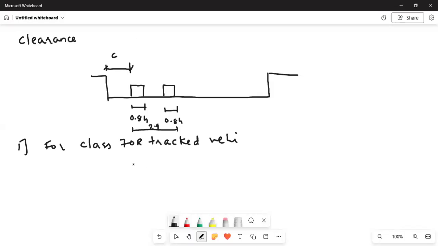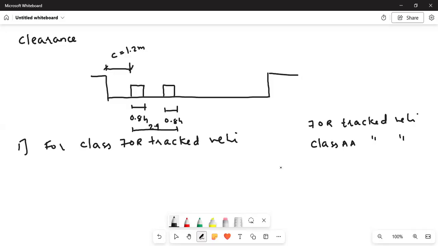So basically for 70R tracked vehicle, and also for class AA tracked vehicle, this clearance is 1.2 meter.